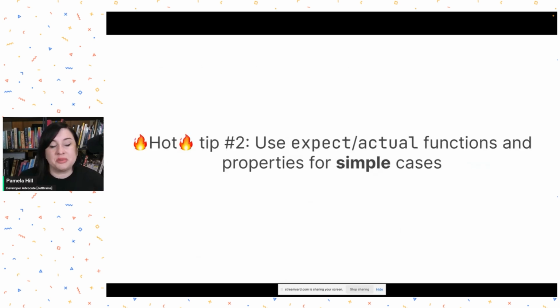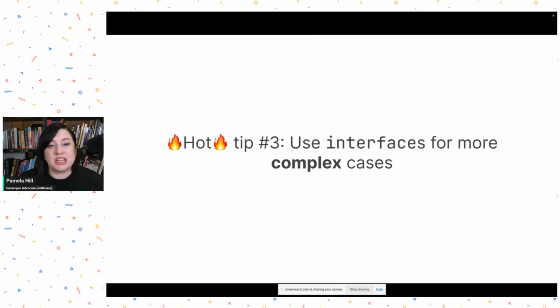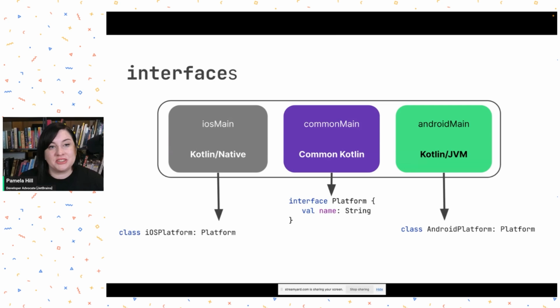My hot tip number 2 is to use expect actual functions and properties for simple cases, and to use interfaces for more complex cases. So here I'm going to illustrate how to use interfaces. Say that we're going to use a very similar scenario to what we had before with our platform names. Here we have an interface Platform that has a property called name.